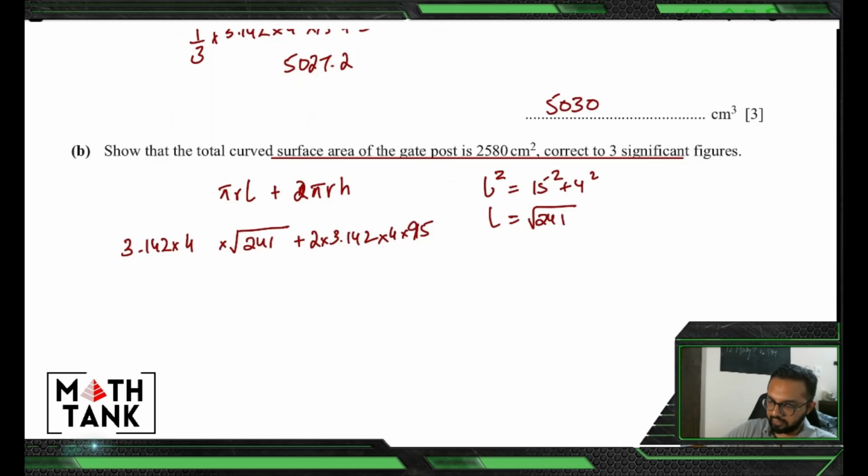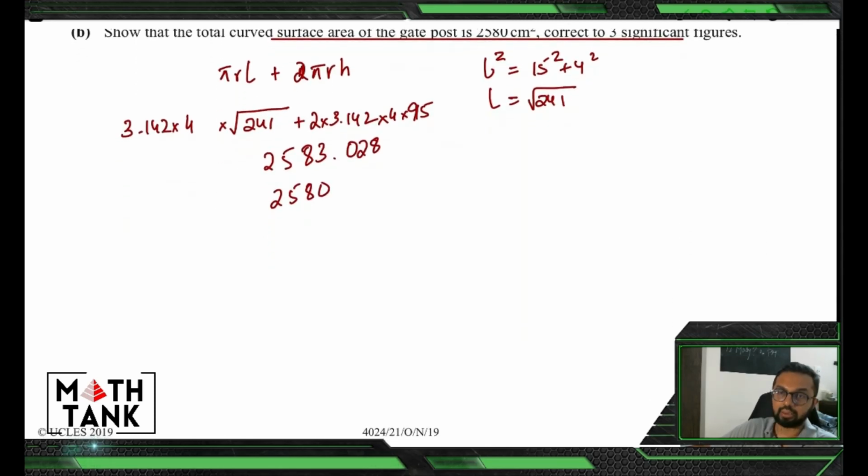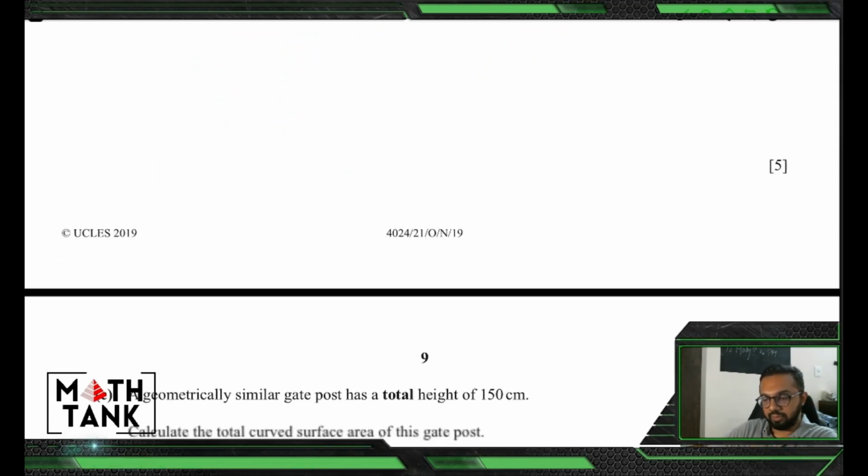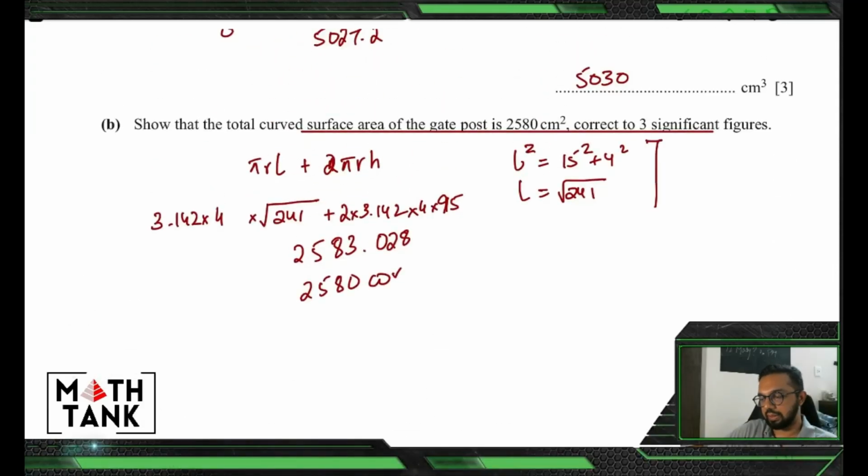H is 95. Okay, that's giving me 2583.027, 028. Correct to three significant figures would be 2580. So I'm going to show you that that's correct to 3SF. So both these things carry working. This is a 5-mark question, so there were probably 2 marks for this and the other 3 marks for that.